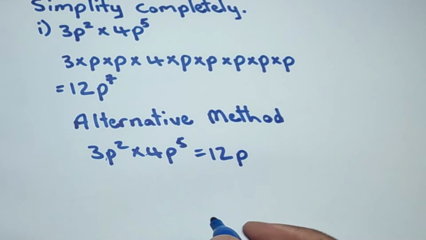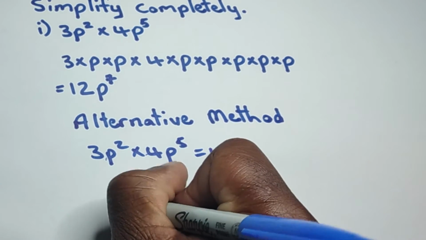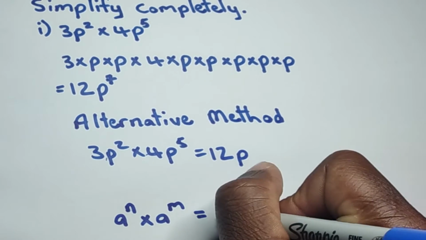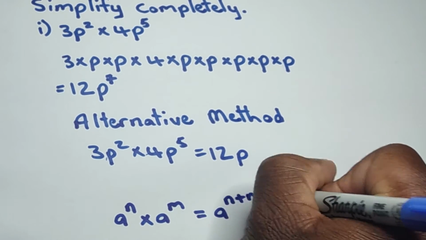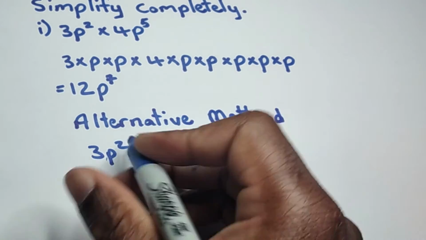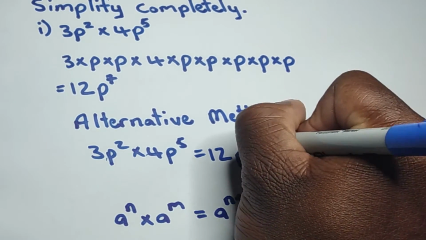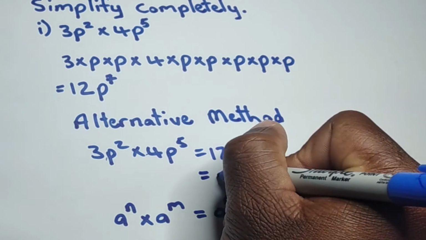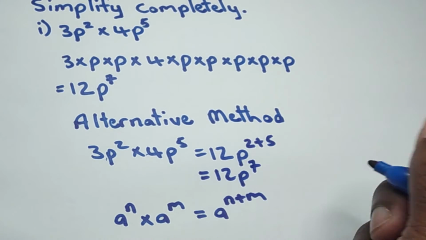So this is our law of indices because the bases are the same. If I have a to the n power times a to the m, then this is the same thing as saying a to the n plus m, alright? So this rule applies to this scenario as well. So p squared times p to the 5th power is the same thing as saying p to the 2 plus 5, alright? And so this is the same thing as 12p to the 2 plus 5, that's 7, alright?